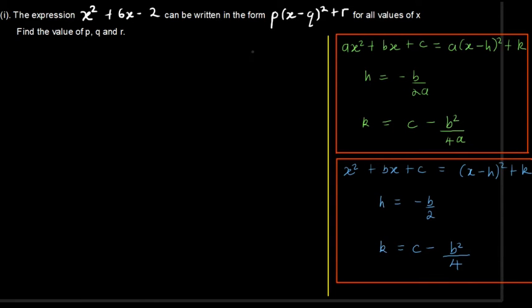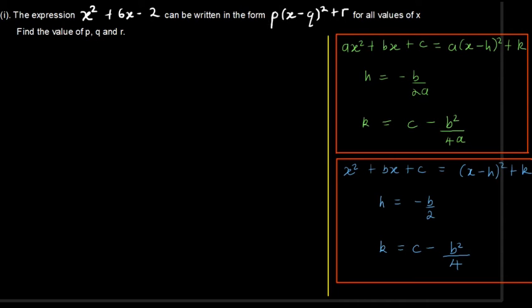Since we need to find p, q, and r, we can start with p. We need to know that p is sort of the coefficient of x squared.